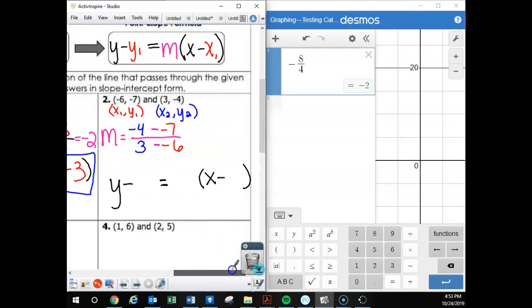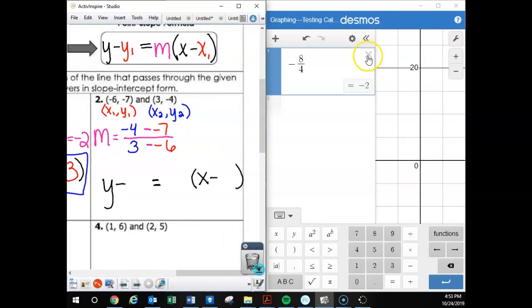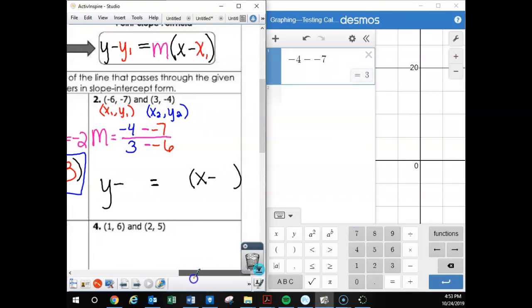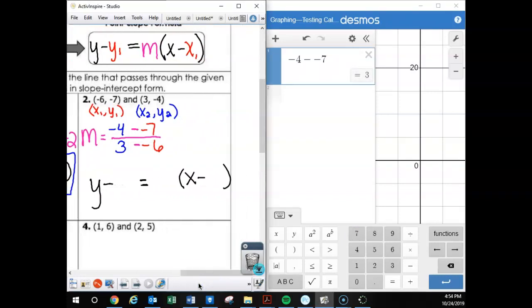So I'm on number 2 right here. So I have negative 4 minus negative 7. So that's positive 3. So this down here is positive 3.